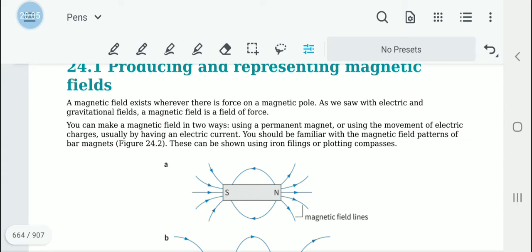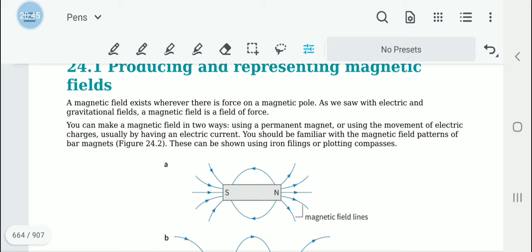In magnetic materials, the rotation of an electron around the atom, around the atom's nucleus, creates a small magnetic field which will add up to produce a large magnetic field.